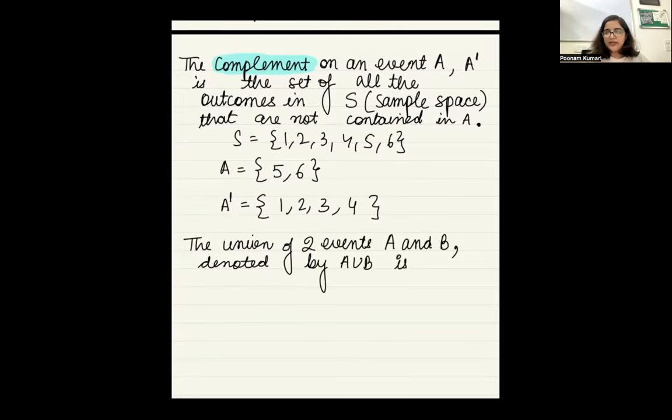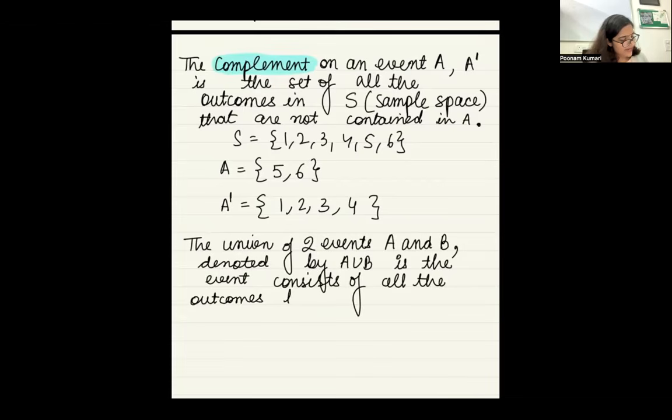A union B is the event which consists of all the outcomes that are either in A or in B or in both the events.